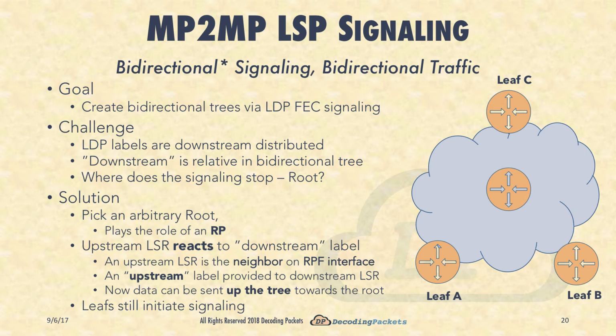So what is upstream right now may become downstream later as the traffic pattern shifts, or an ingress becomes an egress. So the question is, how can we stay true to the way LDP signals FECs and still allow the upstream LSR to have control over its own label space? Because that's what it needs to do.